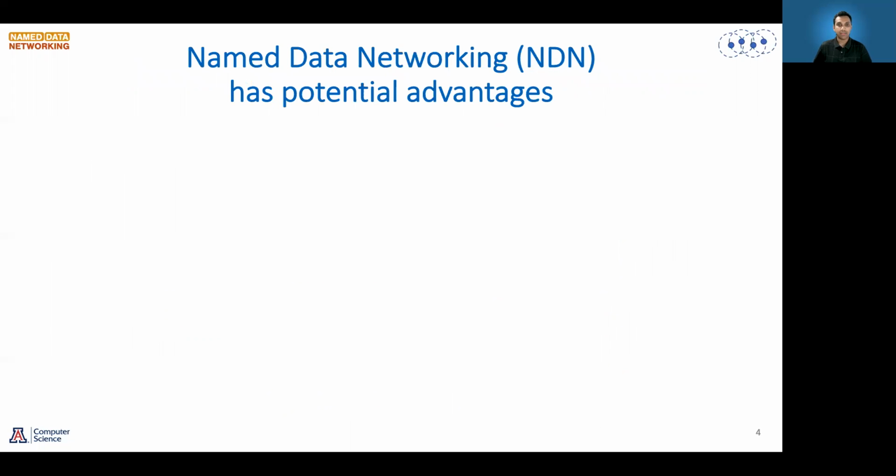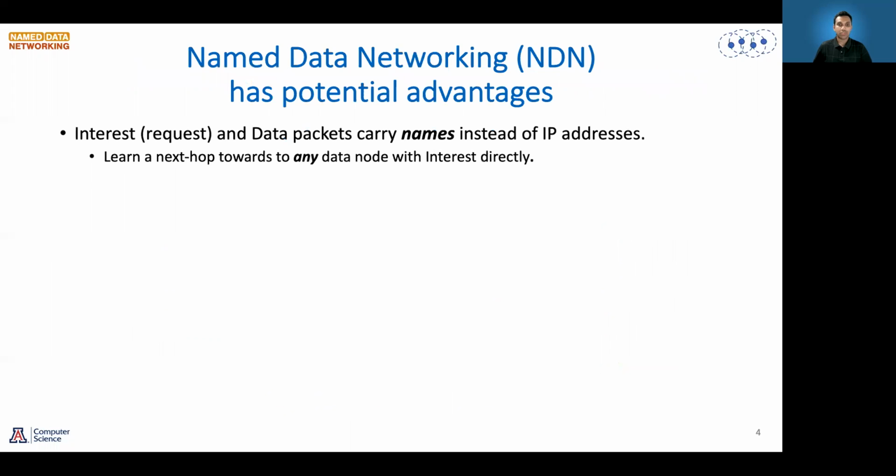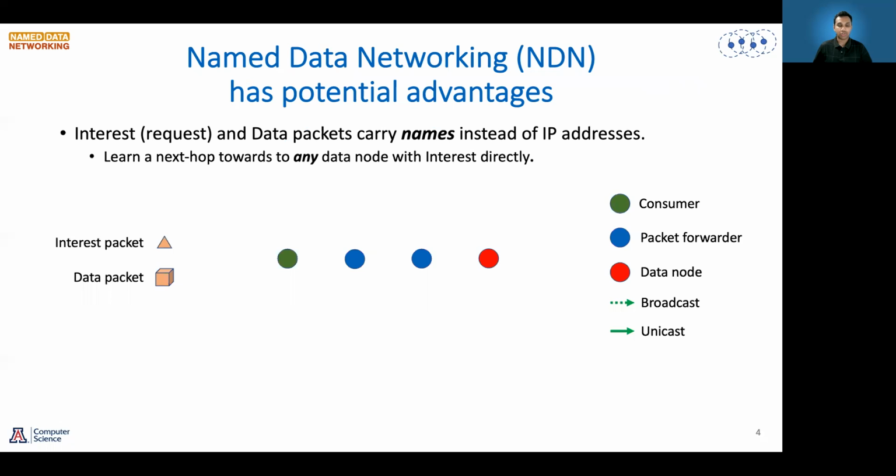On the other hand, named data networking, or NDN, is an emerging data-centric architecture that offers potential advantages over IP routing in MANETs. Here, interest or request packets and data packets carry names instead of IP addresses. Thus, a consumer can learn a next hop towards any data node with interest packets directly, without needing a separate control plane.